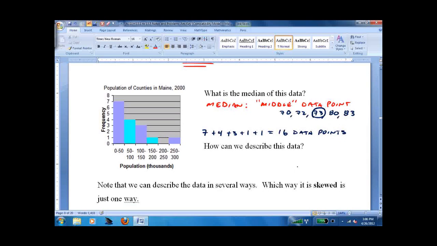And so the median data is going to be between 8 and 9. Where does that occur? Well, there's 7 in the first one. There's 4 in the second. So it'll occur in the 50 to 100 range. So that's the 50 to 100,000 range of data. That's where the median is.